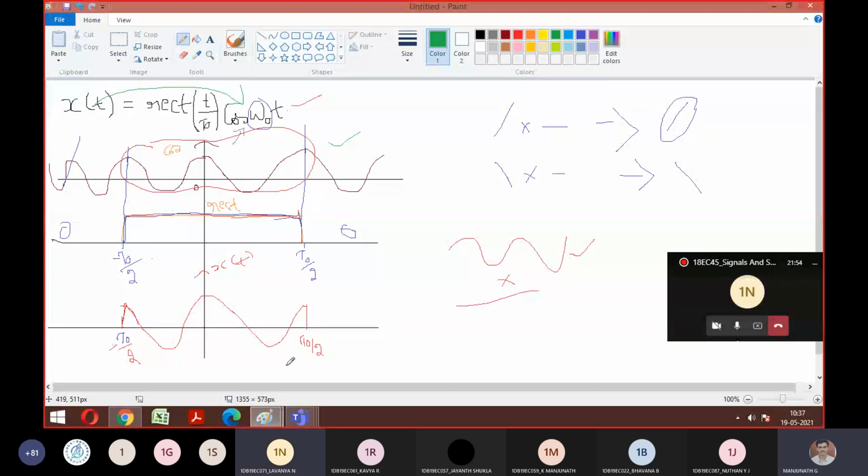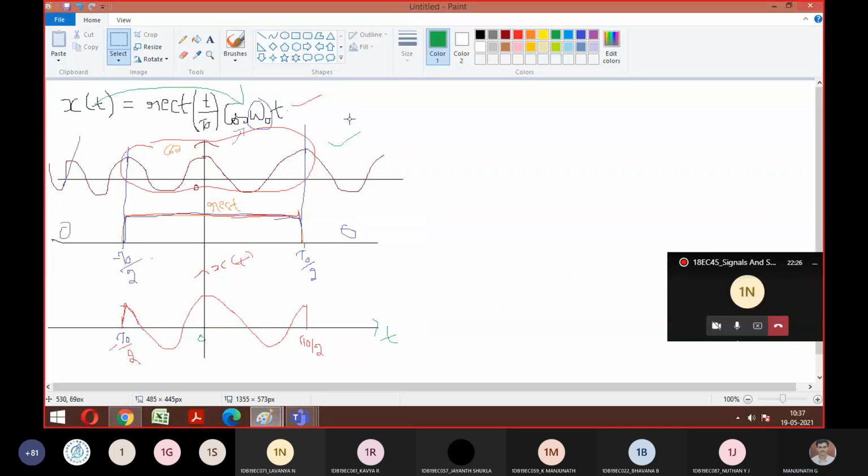So what is your interval here? Duration. So t varies from minus T naught by 2 to plus T naught by 2. This is the interval used in the formula of energy. So first of all, have you got how to provide a sketch and how to make an assumption? Is it okay till here? Shall we move on? Yes, sir. So now what is the step you are supposed to do here?